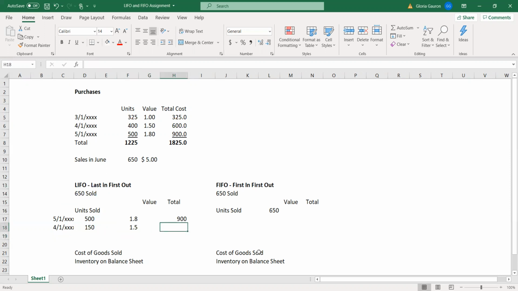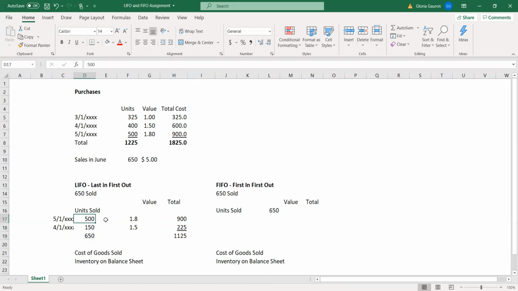And then I'm going to come over to the total column and take the 150 times $1.50, and I'm just going to add this up, which shows me that here's my 650 units.